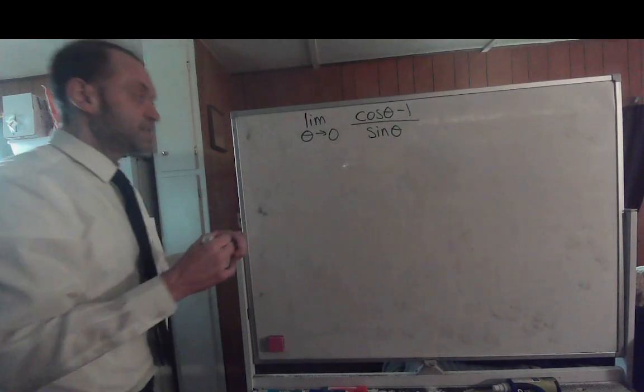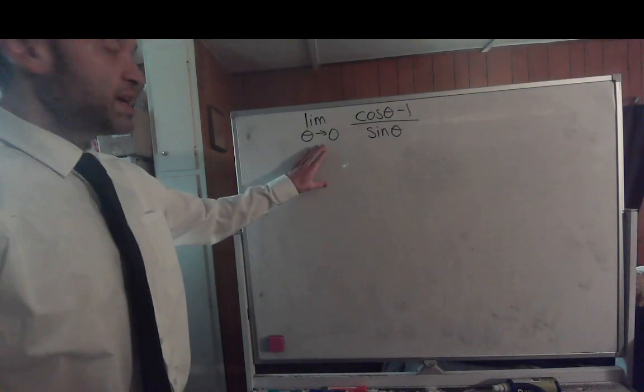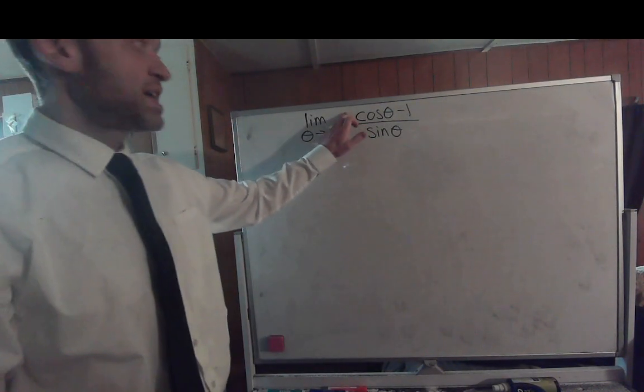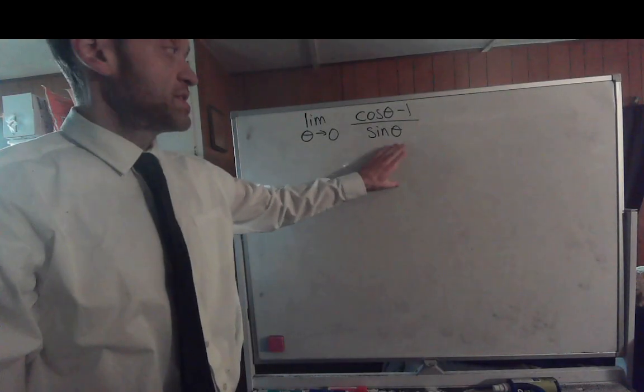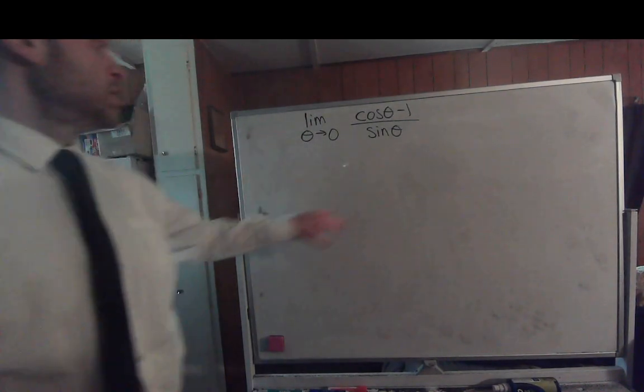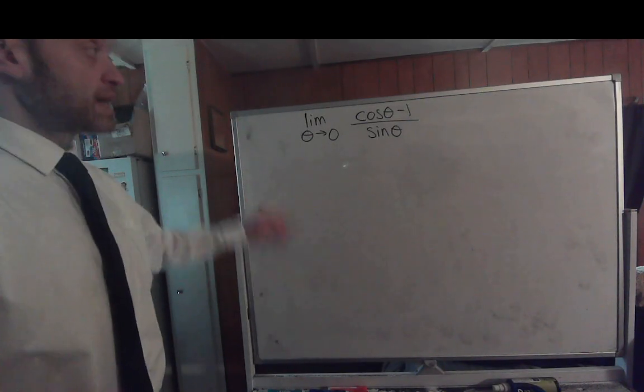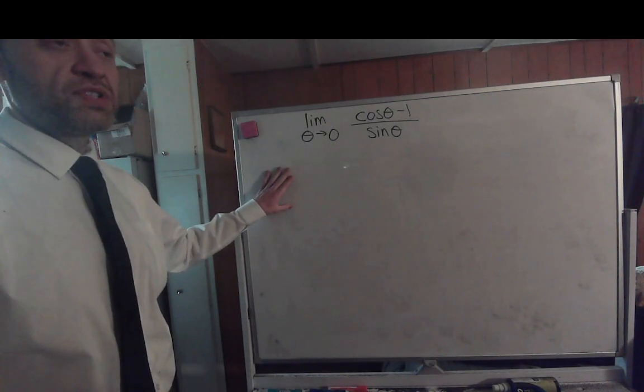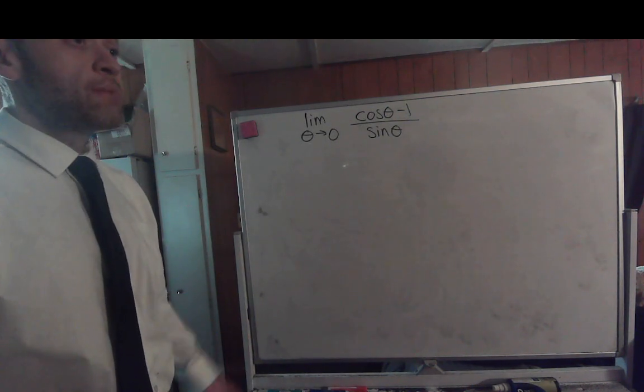So this is a bit different. Well, direct substitution gives you 0 over 0, indeterminate form.